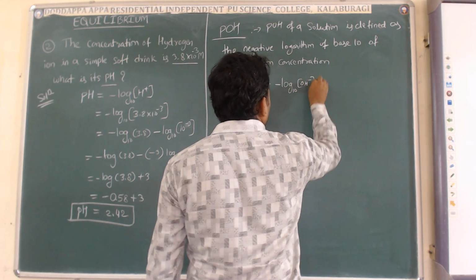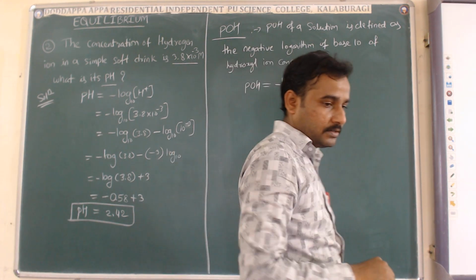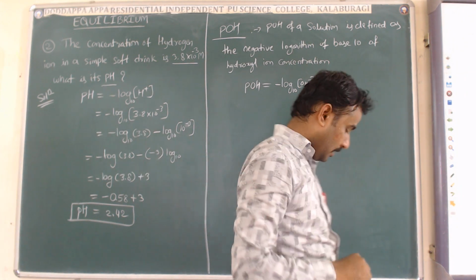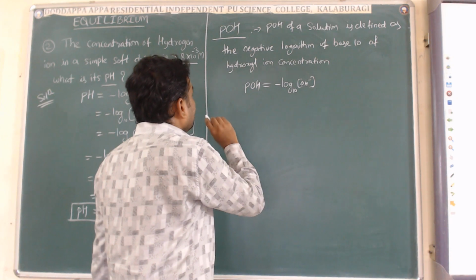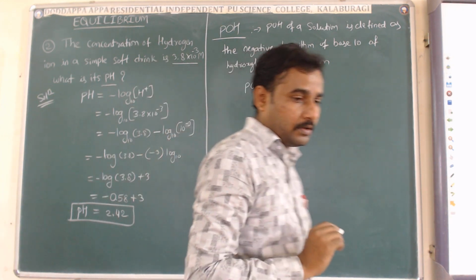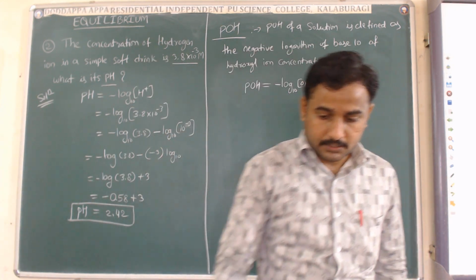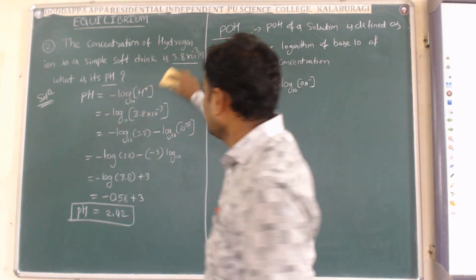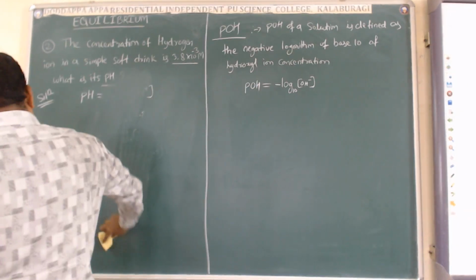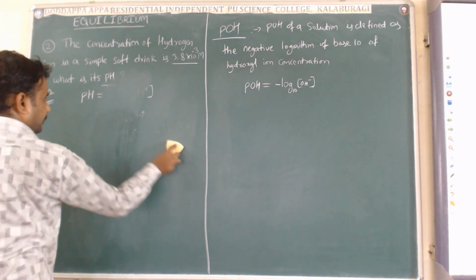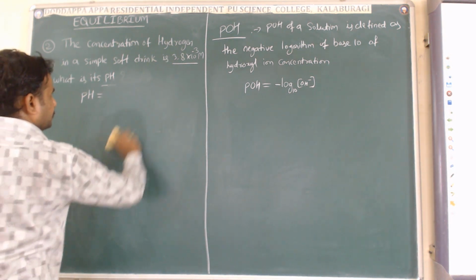OH minus means hydroxyl ion concentration. So this is the definition of pOH. Next, we have to prove that pH plus pOH is equal to 14.